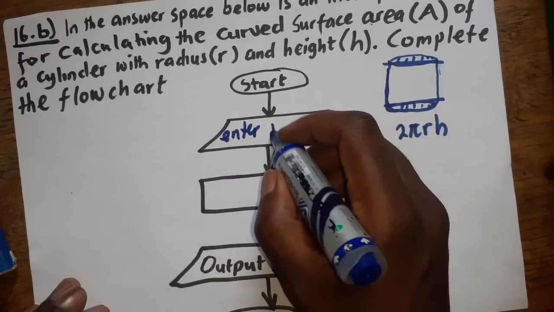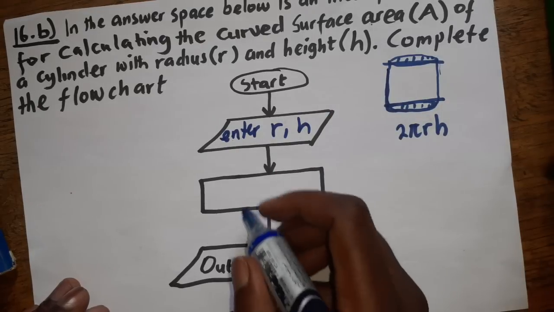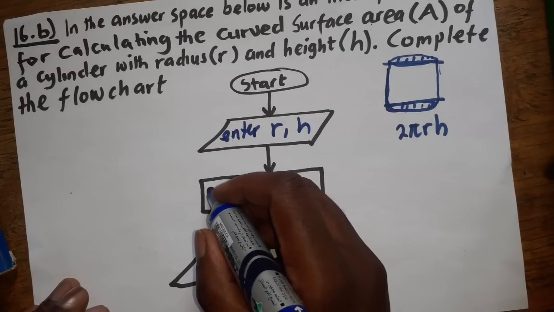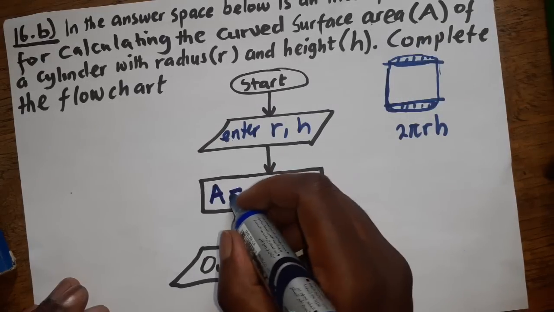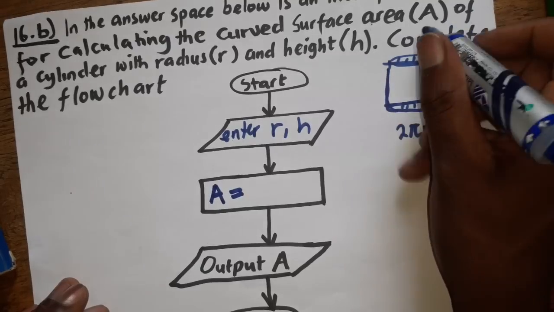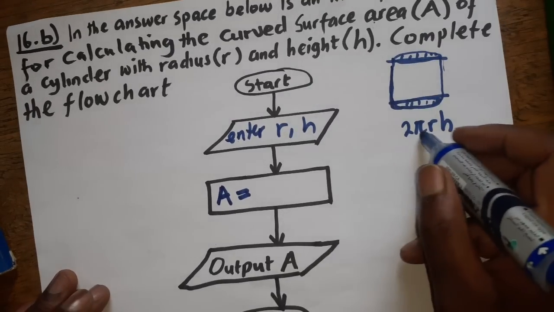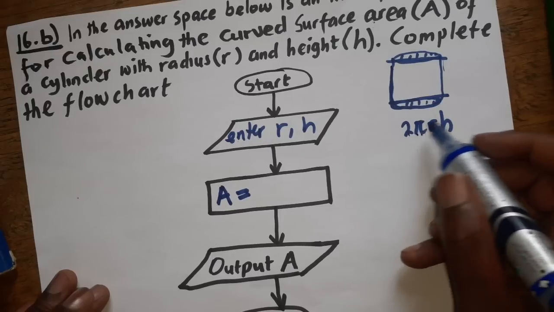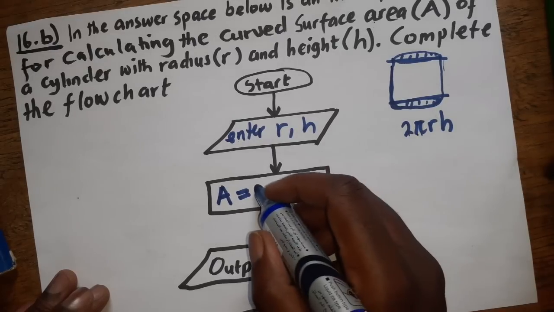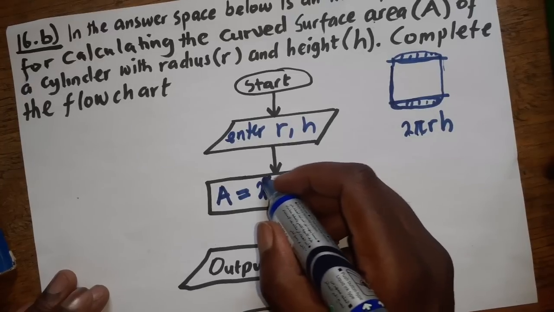What are we going to enter? R and H here. Then curved surface area here. You can say curved surface area, which is represented by the letter A, is equals to, now we can write this in full. We always say these numbers are already there, like in the computer, they initialize. So we say 2 pi, okay?